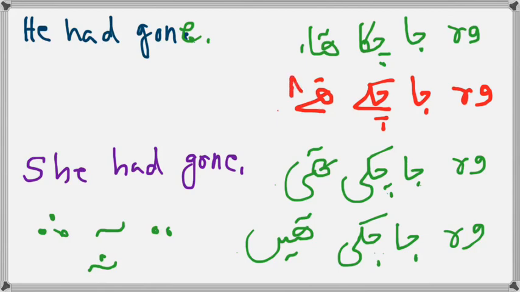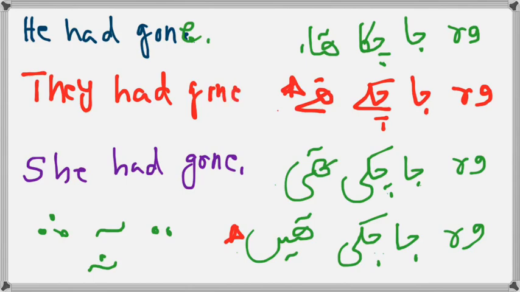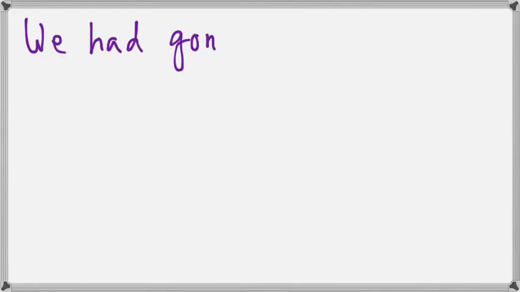And these second versions, वो जा चुके थे and वो जा चुकी थी, are also used for they had gone. For male and mixed group, we will use वो जा चुके थे. And for female group of people, we will use वो जा चुकी थी. We had gone.